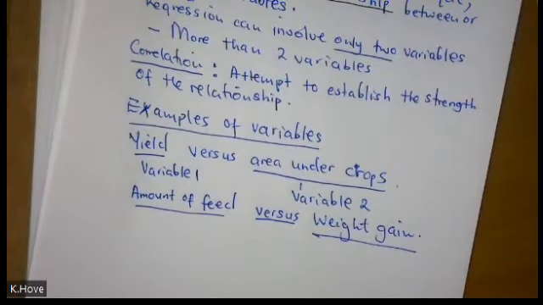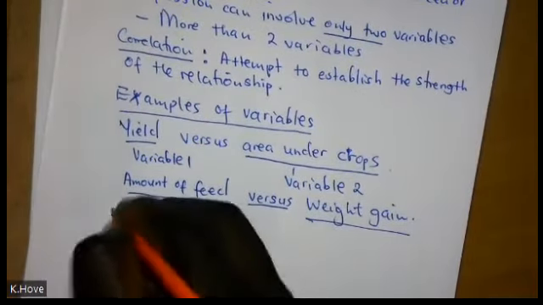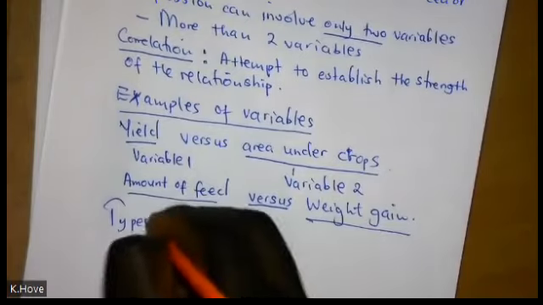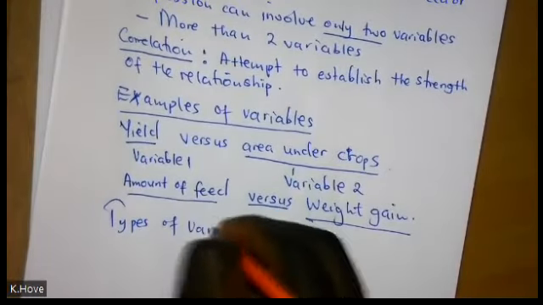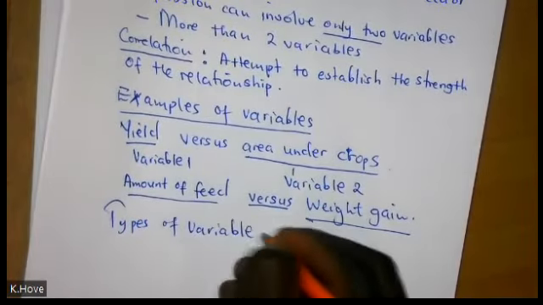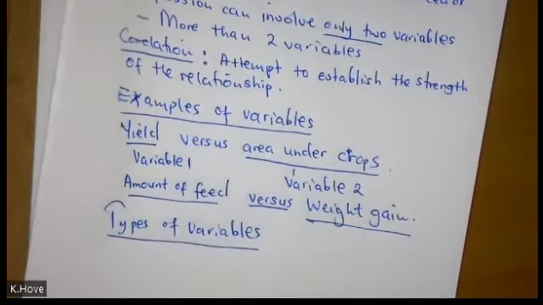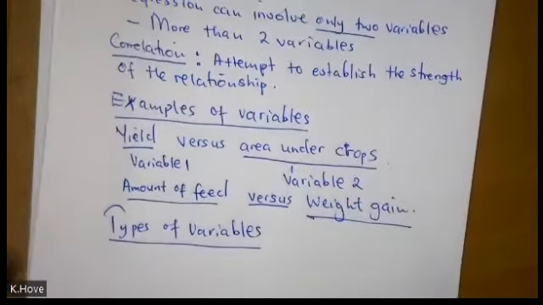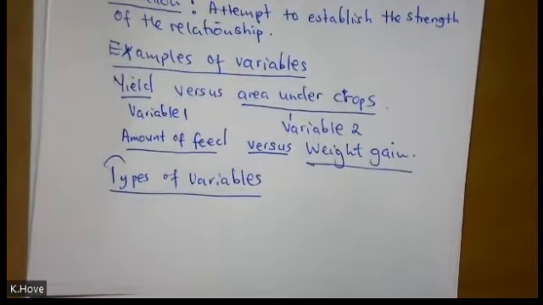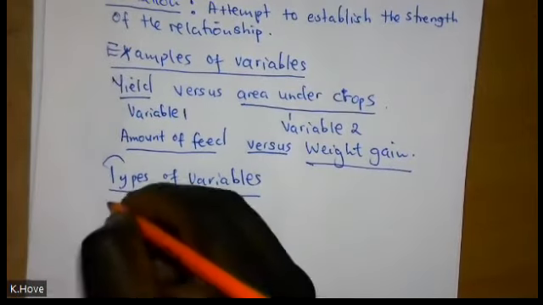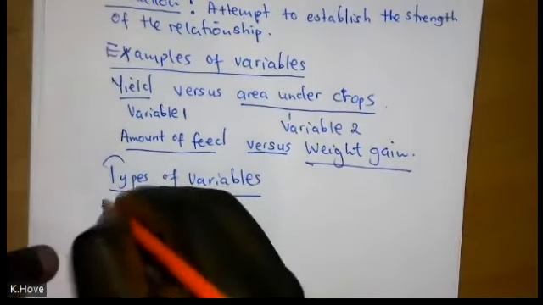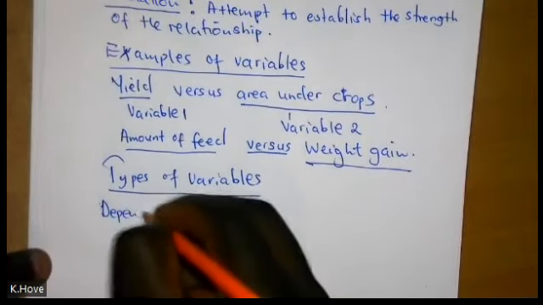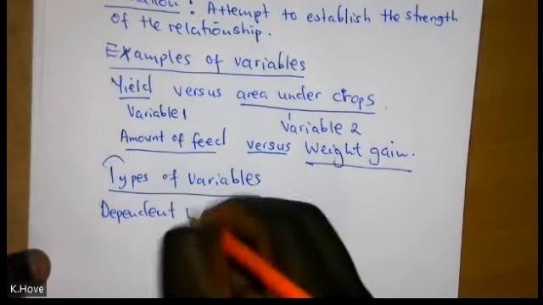Now let's move further to look at types of variables that are involved in regression. In regression, we have what we call the dependent variable.